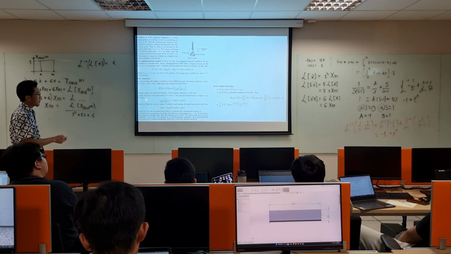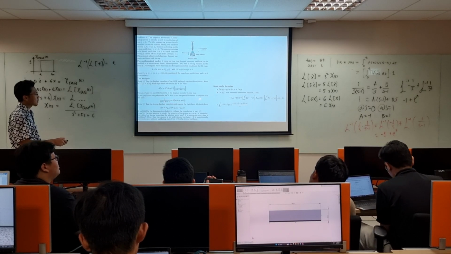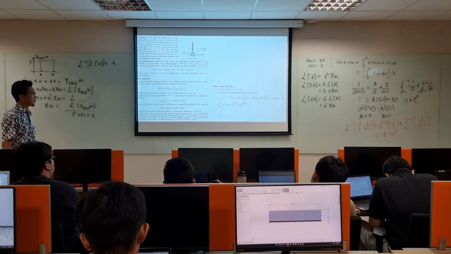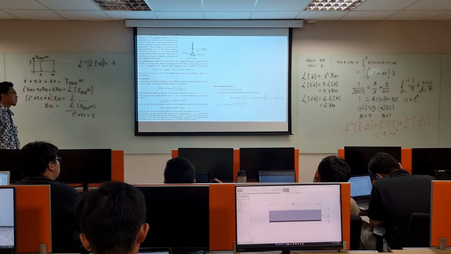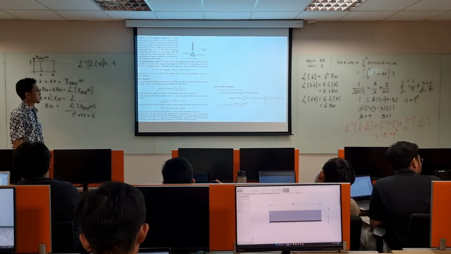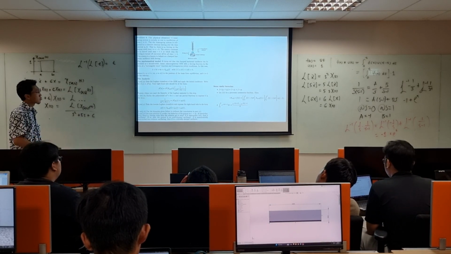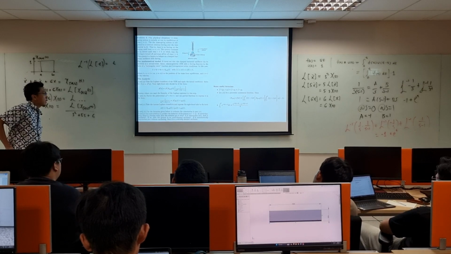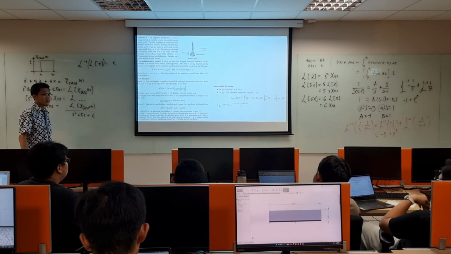Okay, the second one, you factor out the polynomial and express it as a function. 1 over S squared plus 5s plus 6. Can you factor out the 1, 5, and 6? Yes.